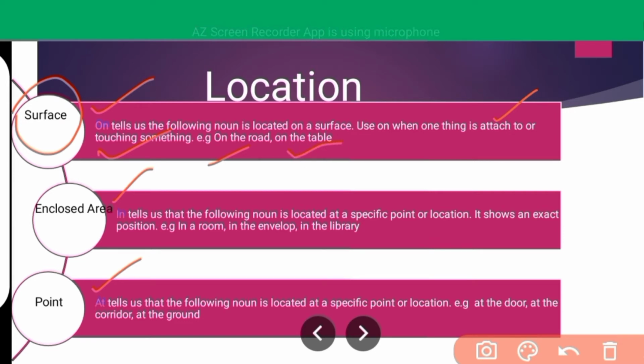So बुक टेबल के ऊपर है, वो उसकी सरफेस को टच कर रहा है. तो अगर सेंटेंस में कोई चीज़ किसी सरफेस के ऊपर हो, उसको टच कर रही हो, उससे अटैच हो, तो हम वहाँ पे जो प्रपोजिशन ऑफ लोकेशन यूज़ करेंगे वो होगा ऑन.